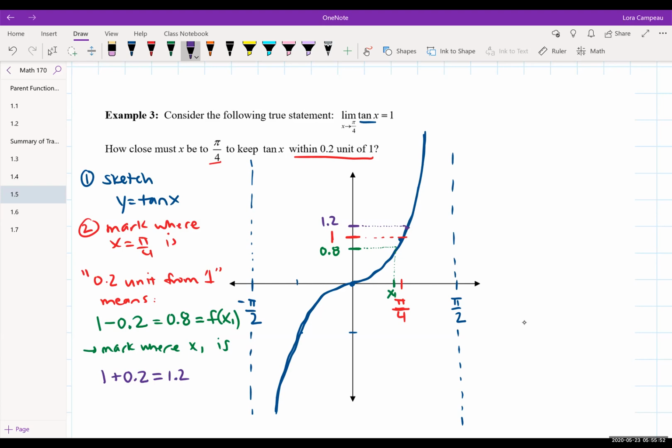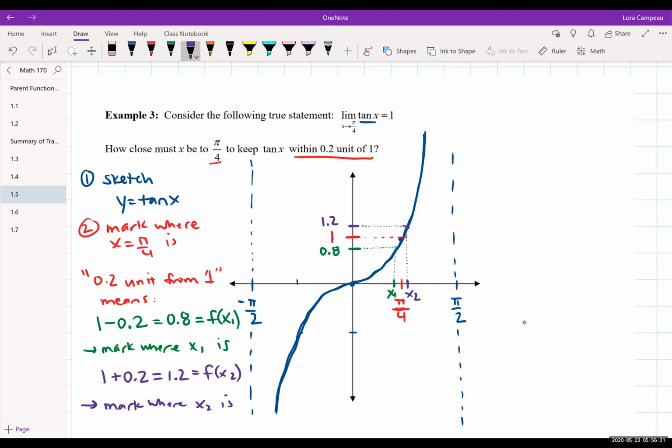And once we hit our function, we're going to figure out where that value is. That's x2. So we actually know the value of the function at x2, but now we want to mark where it is on the x-axis. So that's kind of my setup where I want to see what's going on.